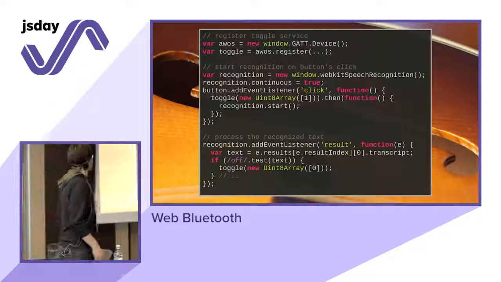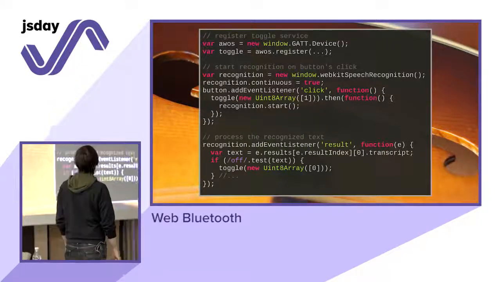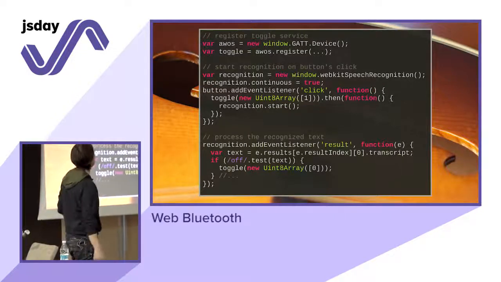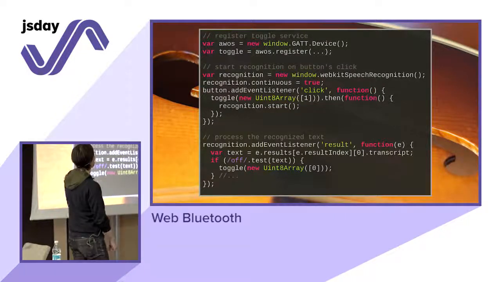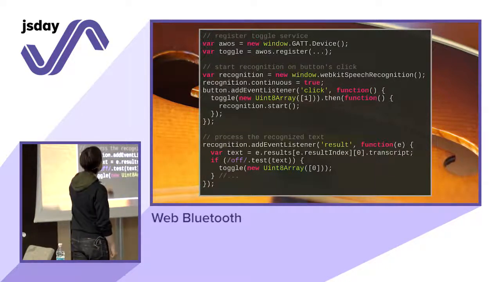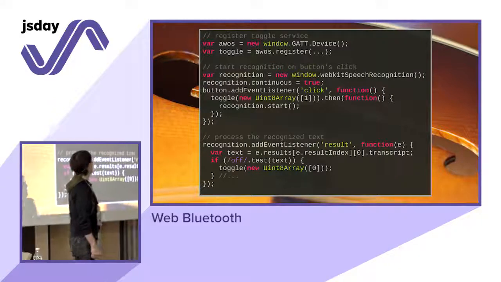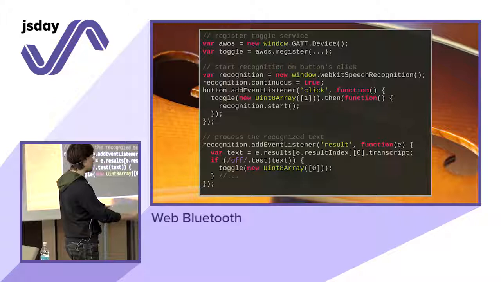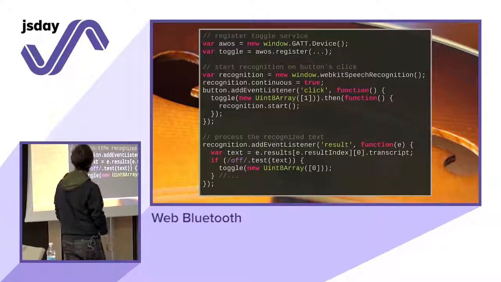Okie doke. So how does this thing work? The code is slightly smaller than before. It begins the same way: you have a device, you register some services, and then you invoke the speech recognition, the WebKit speech recognition service, which is still prefixed, so it's not standard yet.